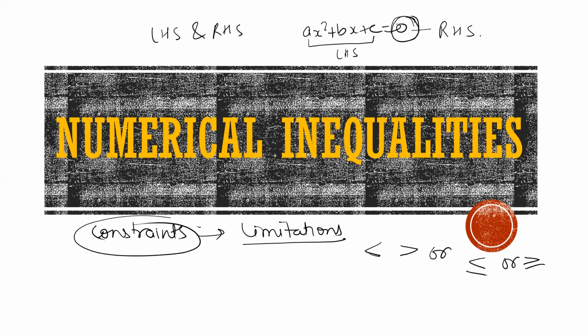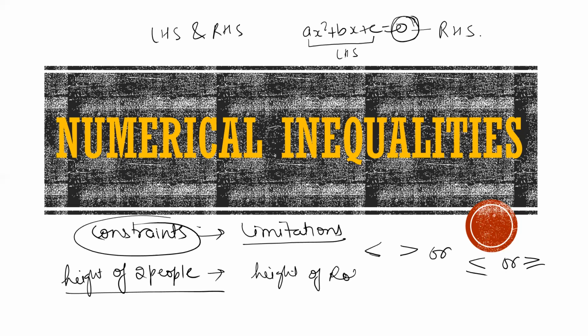So when I am discussing the height of two people, maybe I'm comparing the heights of two people. For example, height of Rohan is 5 feet, but height of Mohan is 5 feet 11 inches.